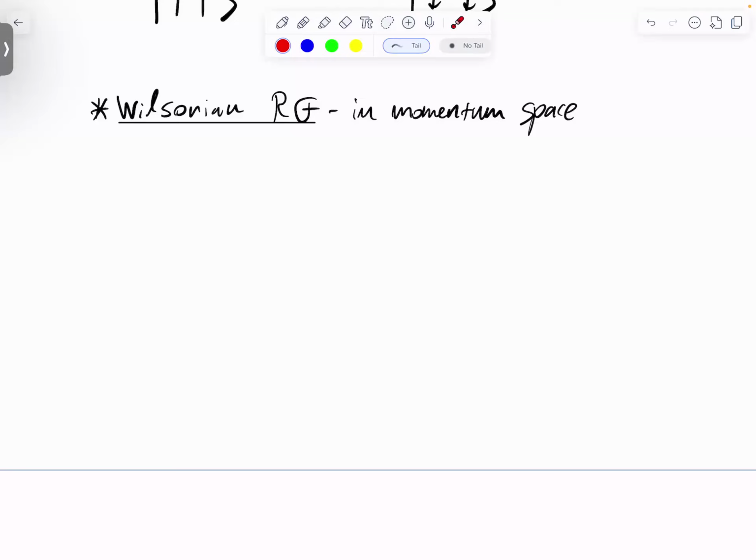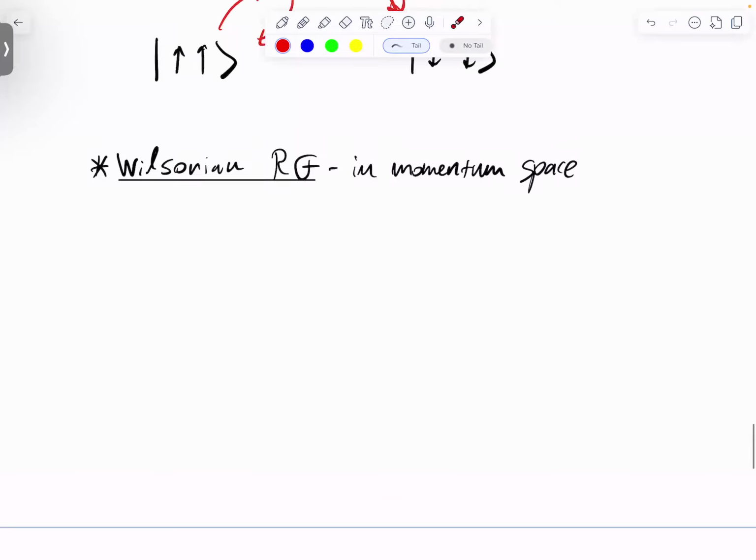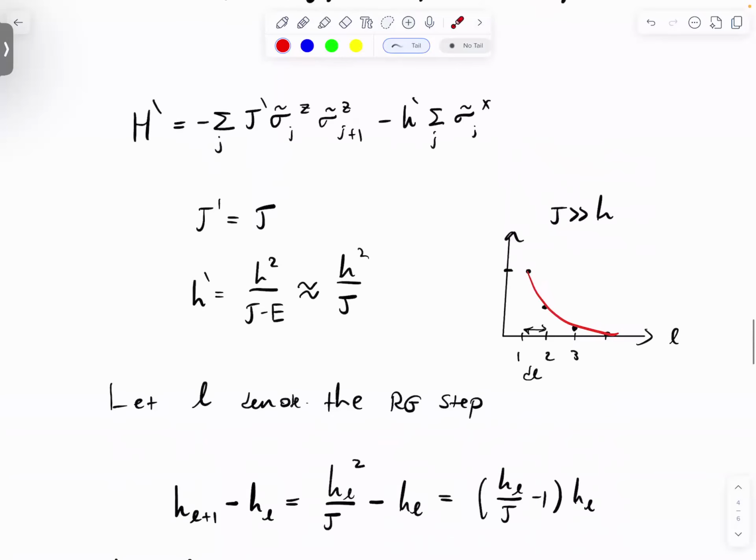And then the idea is that, when we did the procedure before, if I look at this thing, there are these RG steps. Sorry, this is L, the RG step, and we're jumping from one to the other.